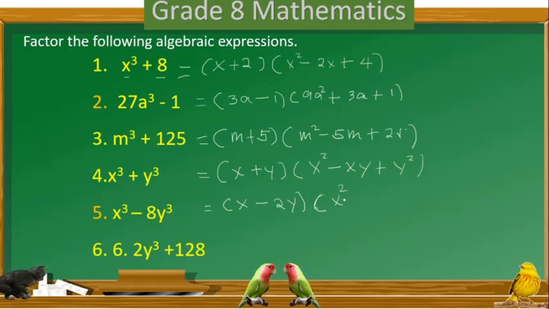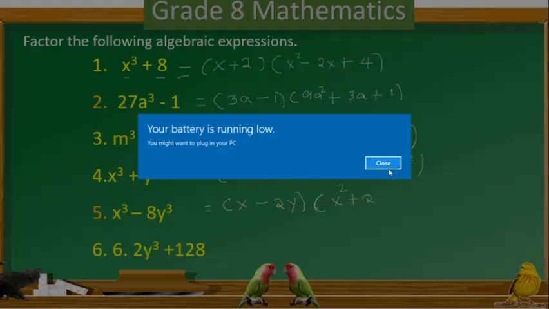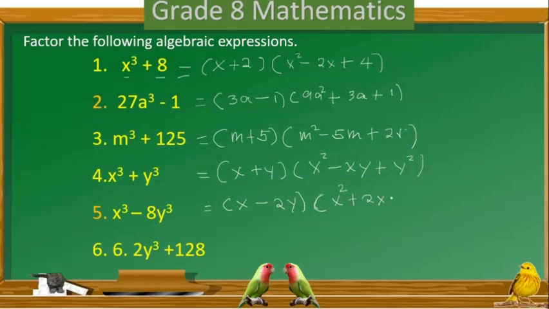Then the opposite sign, then multiply the first term and second term. This is 2xy. Then plus the square of the last term, 4y squared.